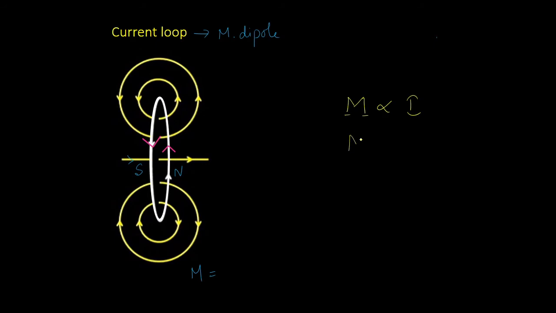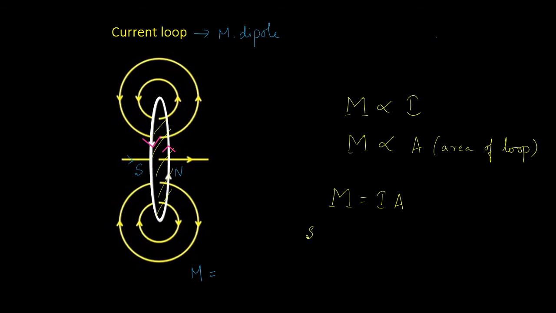And it was also observed that the magnetic dipole moment was proportional to the area of this loop, A. So if you take a larger loop, the magnetic dipole moment used to increase. Using these two pieces of information, I can write the formula for the magnetic dipole moment of a current loop to be equal to current into the area of the loop.